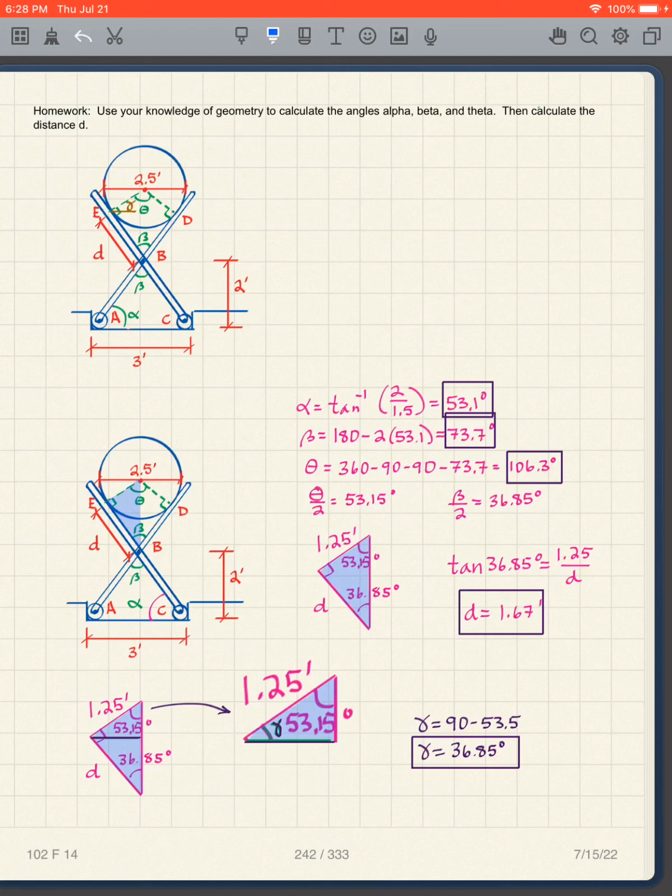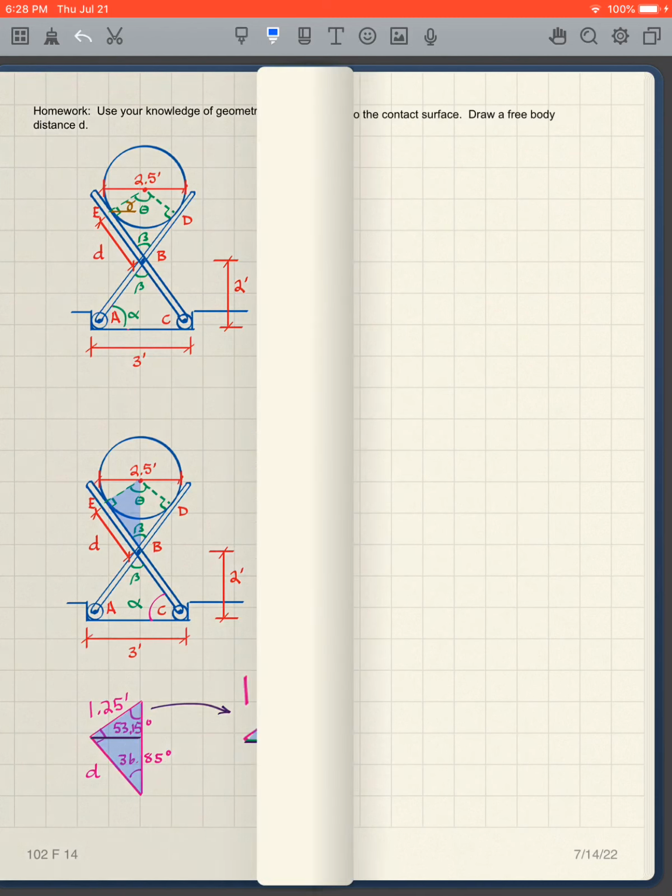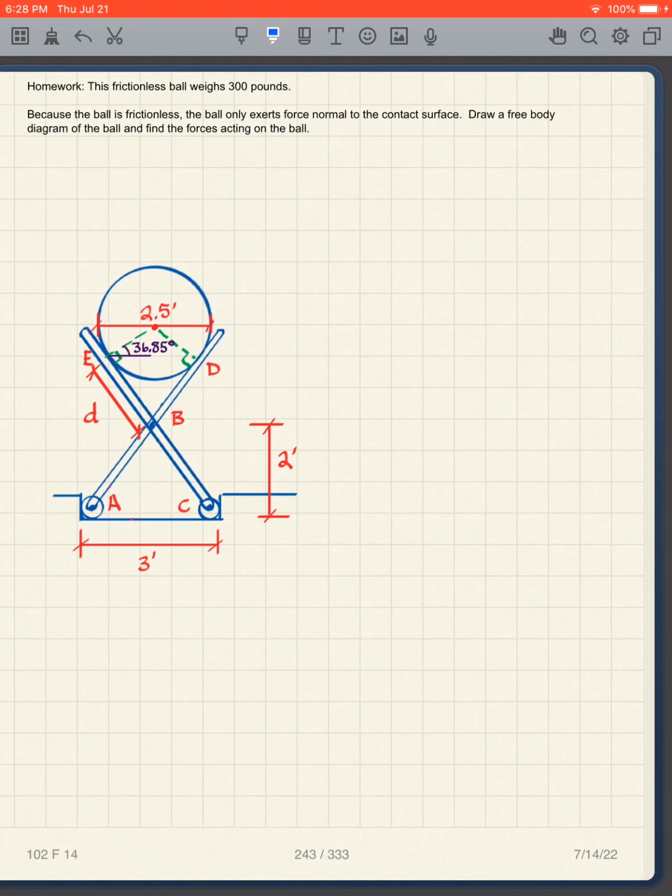Okay, so now I'm starting to get some information about this problem that seems to be quite simple, but there's some issues here with both the reactions and these angles and distances. So now we're getting to this problem, and it says it's a frictionless ball, and now I want to find the forces acting on the ball.